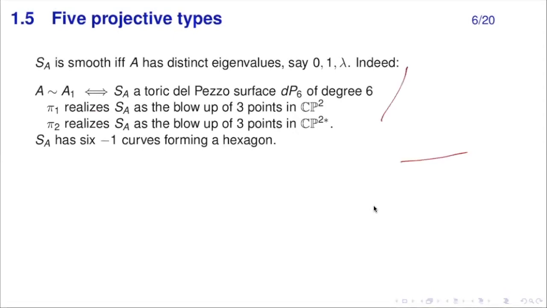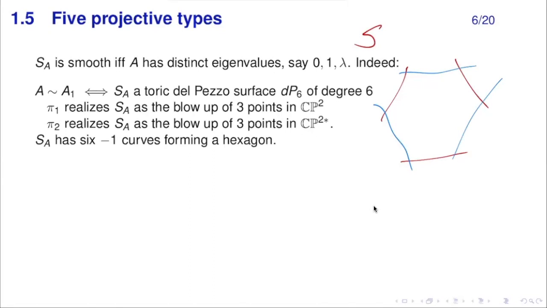When you take the fibers, they're skew, they don't intersect. So you get 3 disjoint exceptional curves in this surface S. And then you've got the 3 points on the right, which you can blow up, and they give you 3 other exceptional curves. And so you get this hexagon of exceptional curves in this Del Pezzo surface.